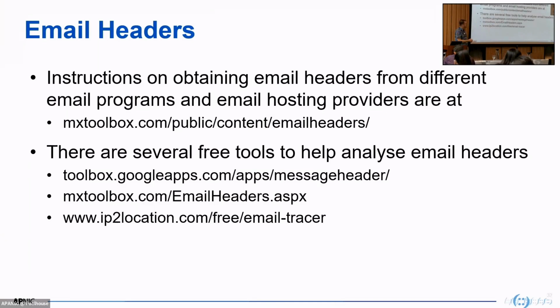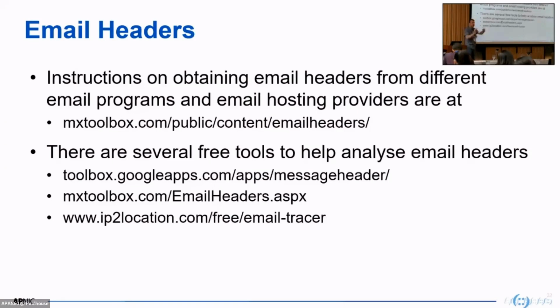Now, if you don't know how to access email headers, that's where this website comes in handy. This email headers page on MX Toolbox is actually a list of every possible email client, whether it be web clients like Gmail and Web Outlook, even Yahoo, through to desktop clients such as Thunderbird, Outlook, all the previous versions, because everything was a little bit different.